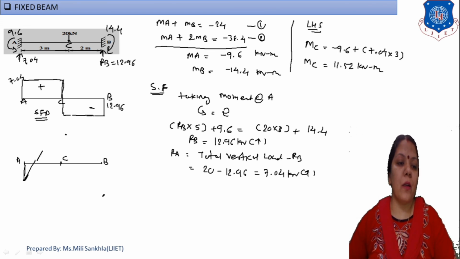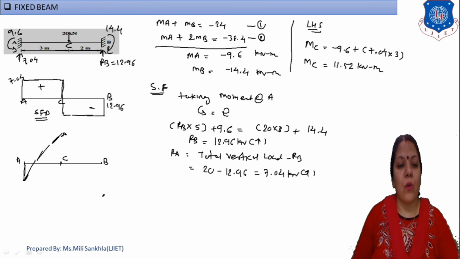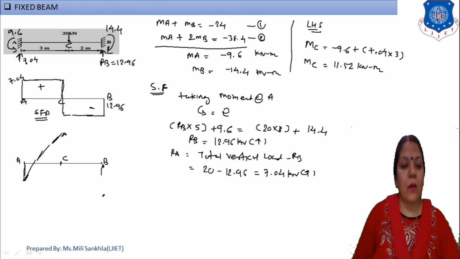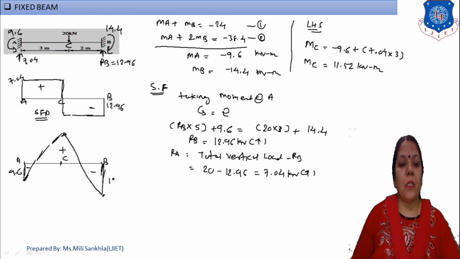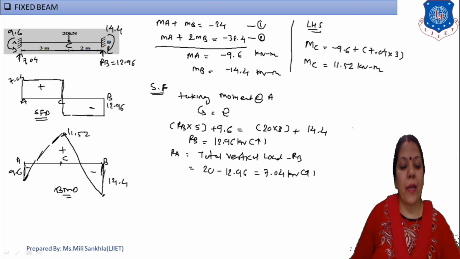Simply connect this. Now again connect this point. This is minus, this is minus, this point is 9.6, this point is 14.4, and here we find 11.52.